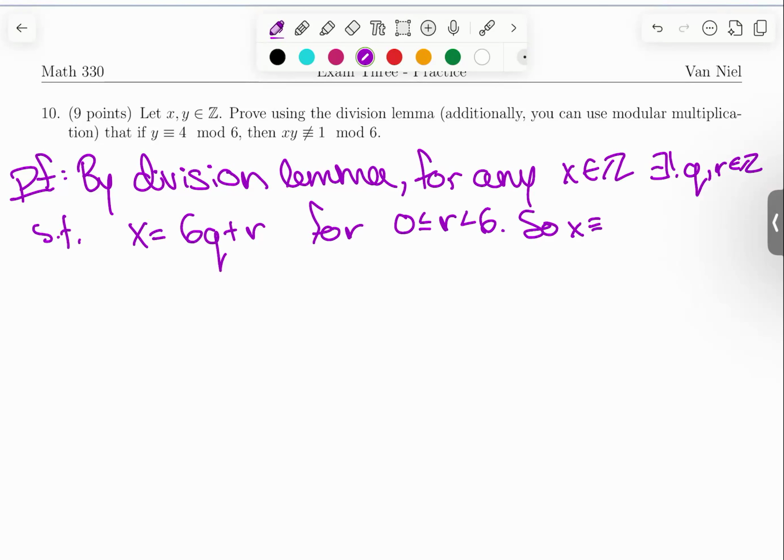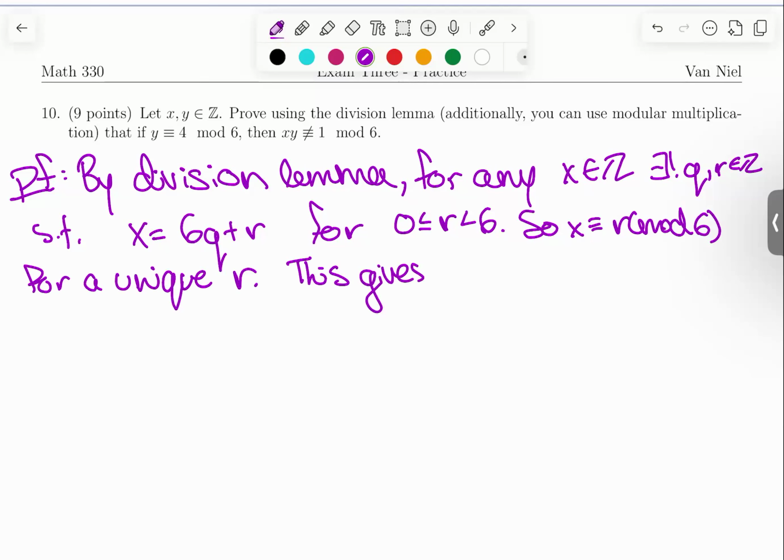So x is equivalent to r mod 6 for a unique r. You don't have to say that last part, but that's kind of the point here, right? Is that there's only going to be one unique thing. So this gives us 6 cases.